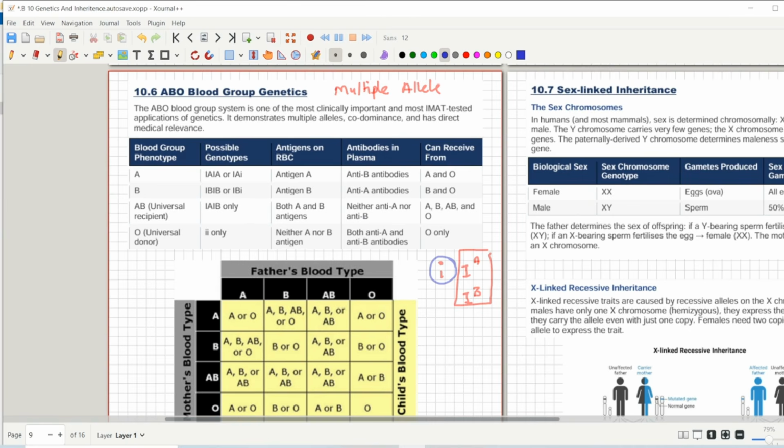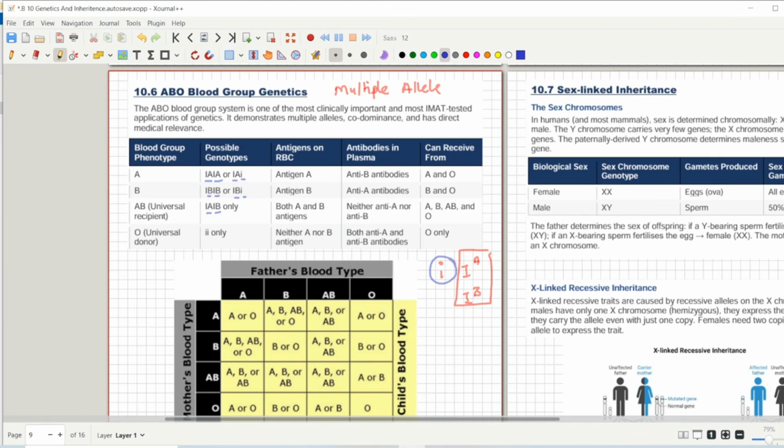If you have the genotype capital IA and capital IA, or capital IA and small i, then capital IA is dominant over small i, and the blood group would be A. If you have a genotype that contains capital IB and capital IB, or capital IB and small i, the blood group would be B. But if you have capital IA and capital IB, both of these would be shown and the blood group would be AB.